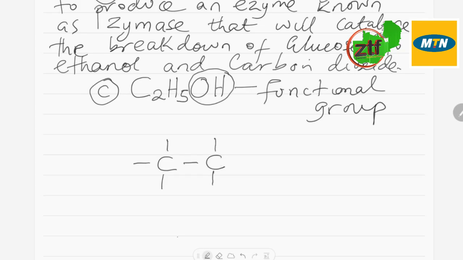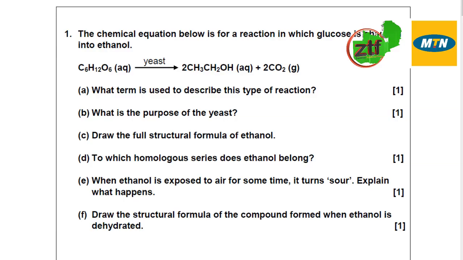Remember, we have 5 hydrogen atoms to be distributed, so we put 1, 2, 3, 4, 5. What is remaining is the functional group, which is OH, the hydroxyl. So all alcohols have this functional group, and this is the structure of ethanol. Let's now look at the next question, which is question D.